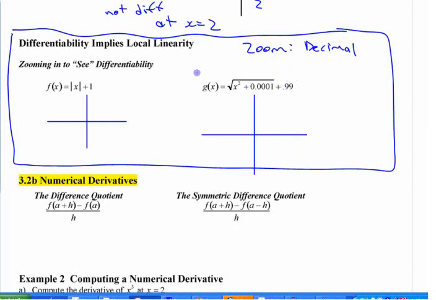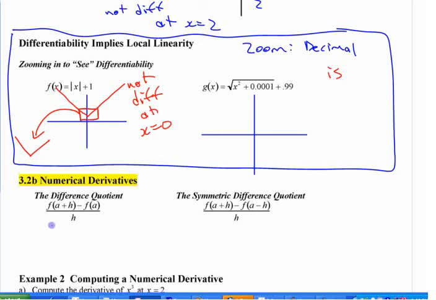So what is that? That's probably a lot of work just to see that this one is not differentiable. This one is differentiable at 0. This one looks like this, but if you look close up here, that one's sharp. If you keep zooming in on that, it's always that point down on the bottom.